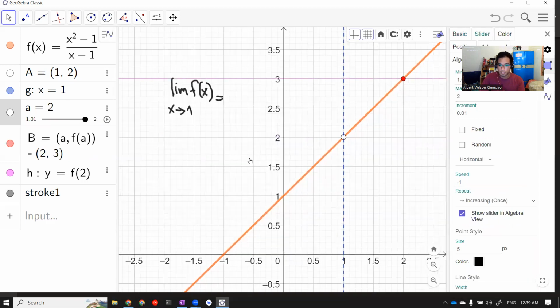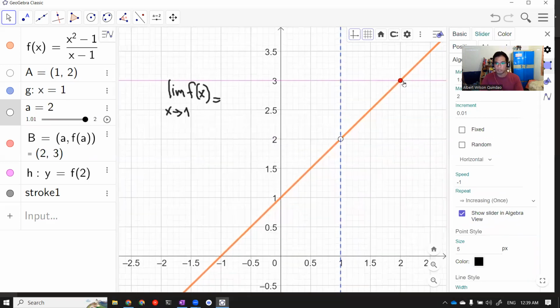Ayan. So this time, mag-start tayo kay x equals 2. And kita natin yung function value niya ay 3 at this case. So from here naman, again, lalapit tayo ng lalapit kay x equals 1. Tapos i-observe ulit natin kung ano yung number na ina-approach nung itong color pink na line.